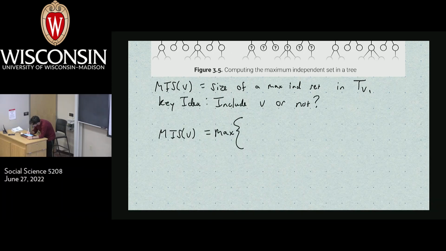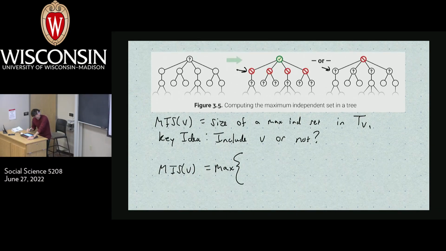Let's not include V first. If we don't include V, then we are allowed to include all of the children if we want to. So we're really just solving the same problem now, but on each child subtree. We can take those roots if we want, or we cannot. We don't care. We're going to let the recursion deal with those details. So this is just going to be the sum of all children.